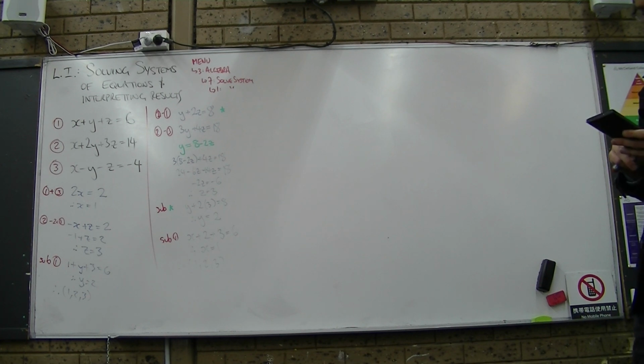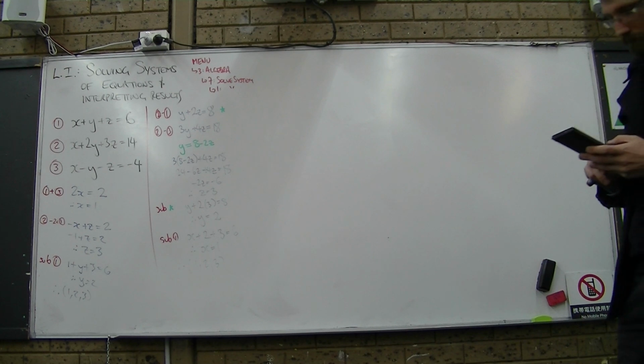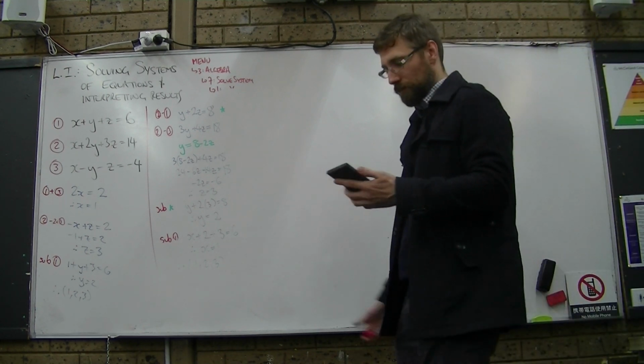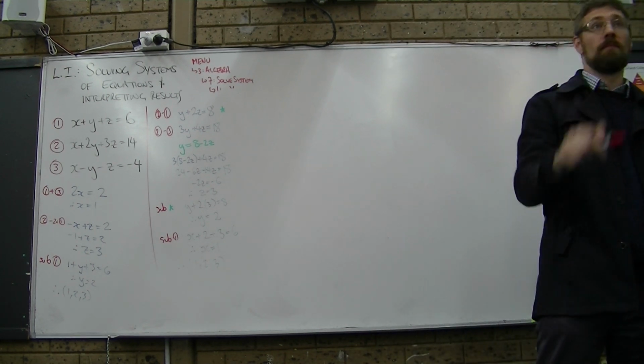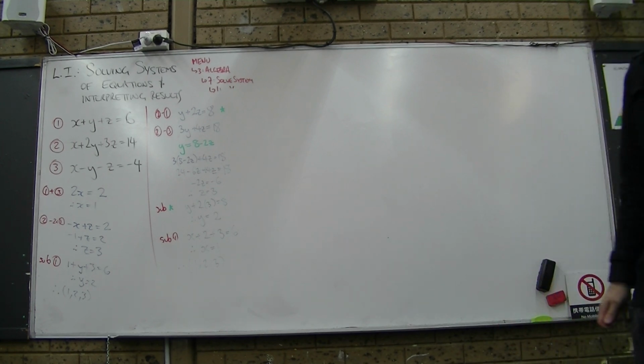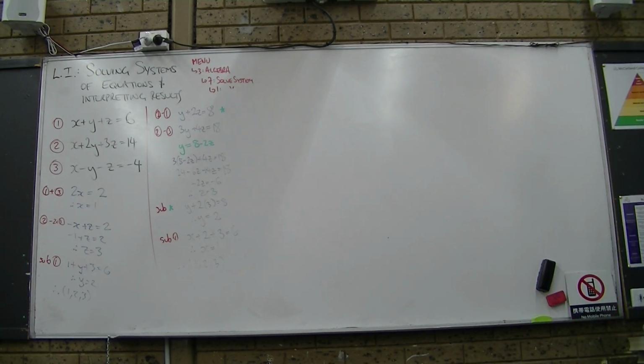What is the times? Get rid of the times then. Oh, it'll have 2 times y and 3 times z, and you get a line.